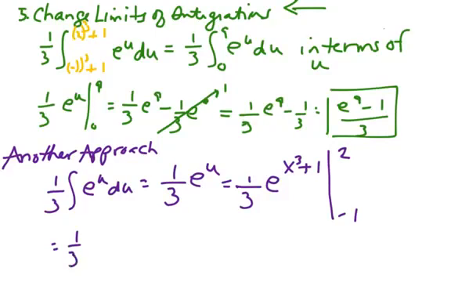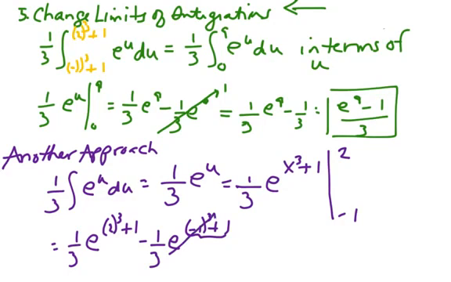So let's substitute in, and this is 2 cubed plus 1. I'm going to drag along the 1/3, minus 1/3 e to the negative 1 cubed plus 1. This evaluates to just 0, so this term is going to go to 1, and we're left with exactly the same answer that we got using the change of variable rule for the limit.